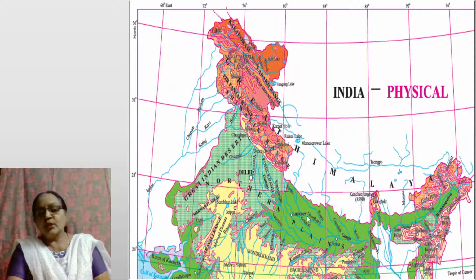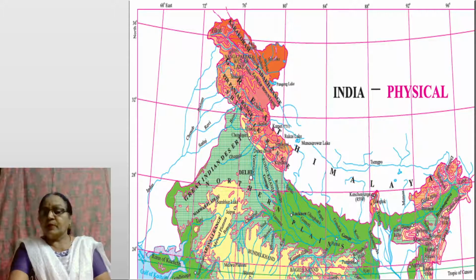These rivers, the volume of water increases in the rivers and they flow through the entire length of the plain, and it opens into the Bay of Bengal. Now, when the river Ganga, together with tributaries, opens into the Bay of Bengal, we find a delta is formed at its mouth.